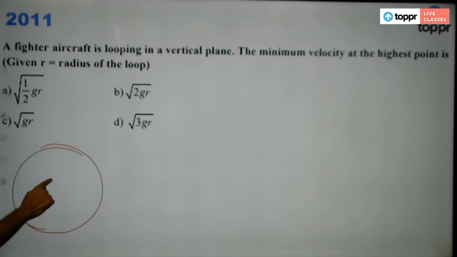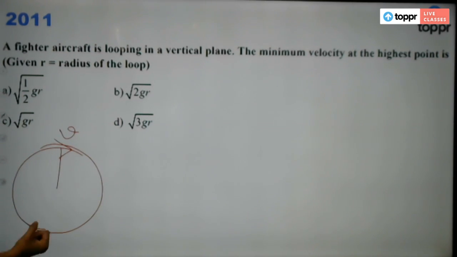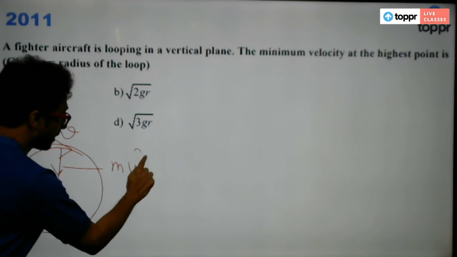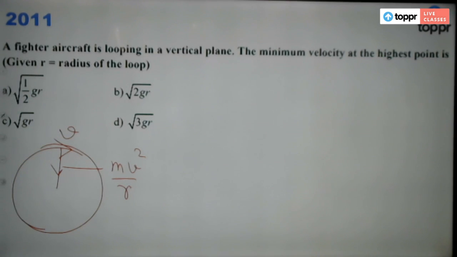Now whenever a body moves in a circle, say the velocity is v, there is a centripetal force. The centripetal force is nothing but mv squared by r.